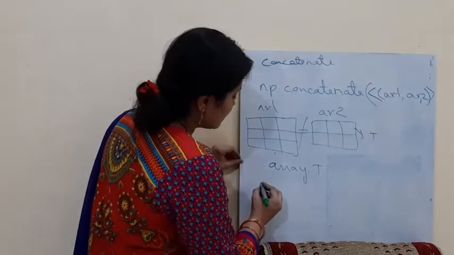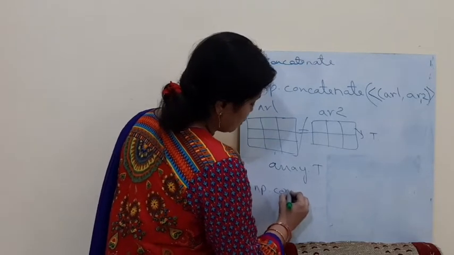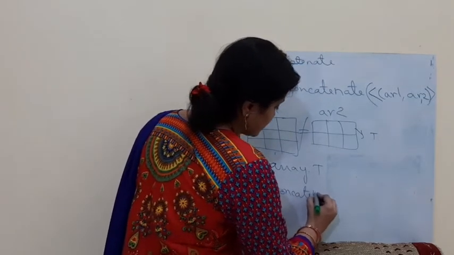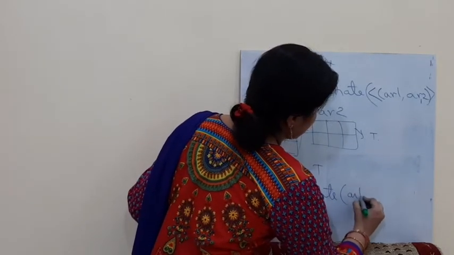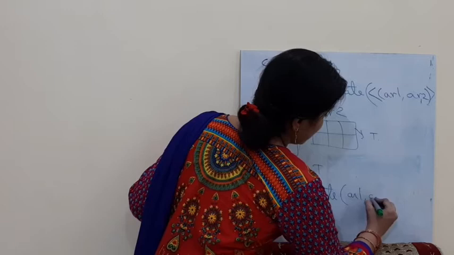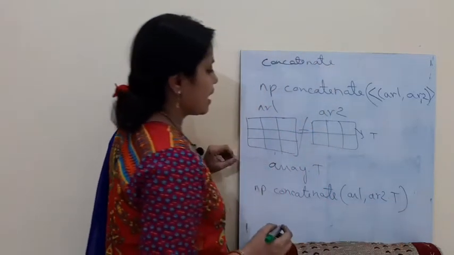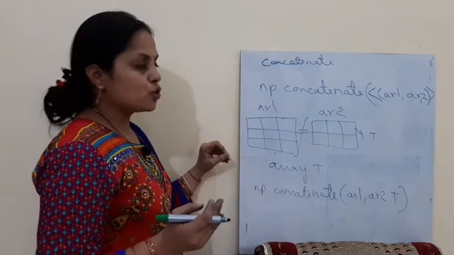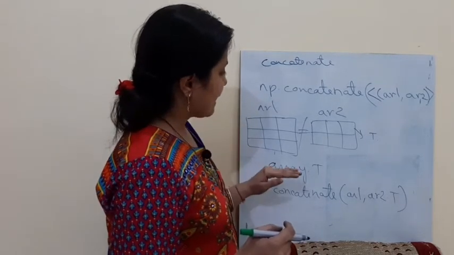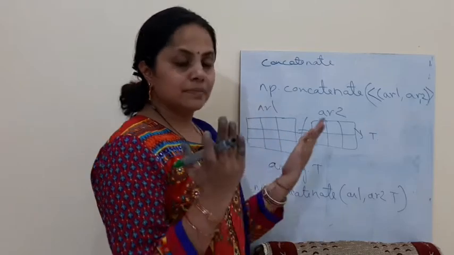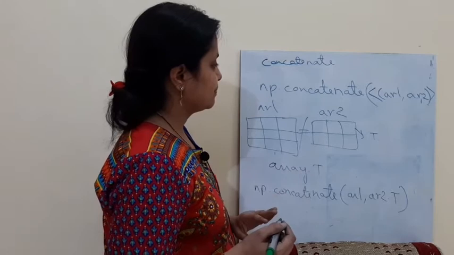We could do np.concatenate AR1, AR2.T, and now they can be joined on axis 1.